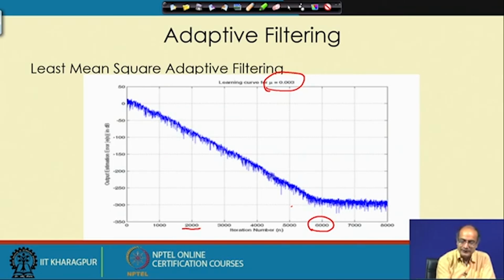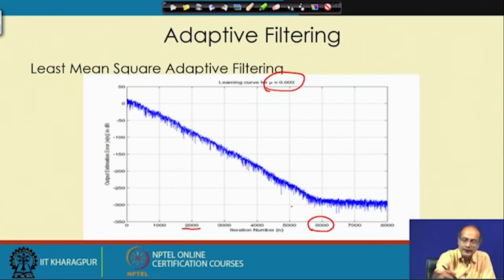So, the weight vector lag has increased by reducing the value of mu even smaller. The message here is that if we keep on reducing the mu, it may not actually help us in any way.